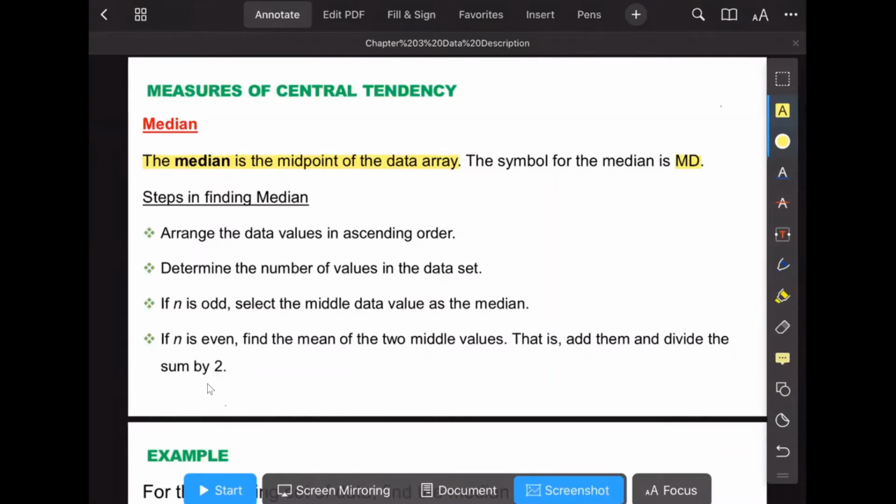So the median is the average of the two middle values. Those are the steps for calculating the median. When you just look at the steps and the definition, it may or may not make sense, but when you go to an example, this will definitely make sense. So we are going to start with the example.